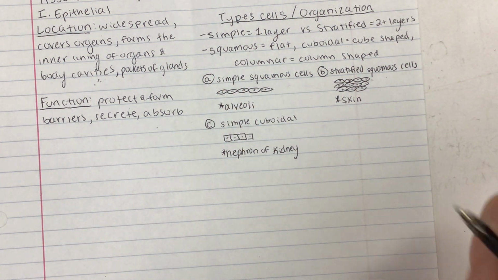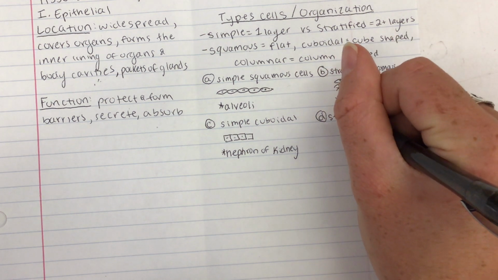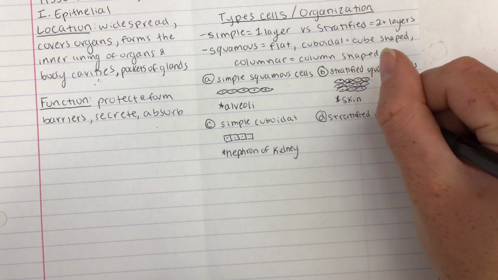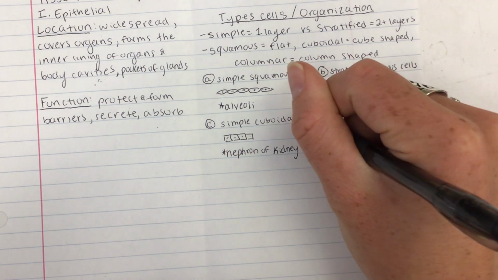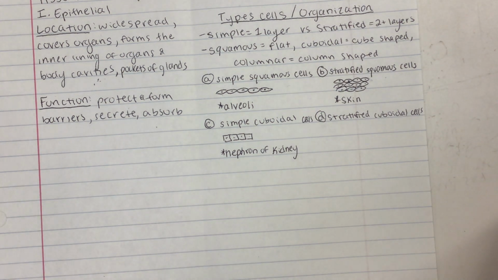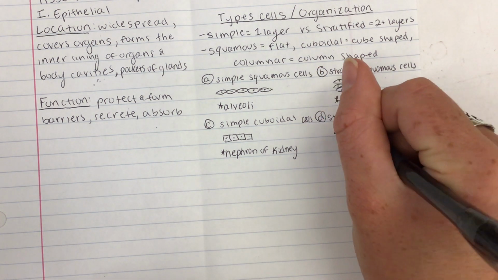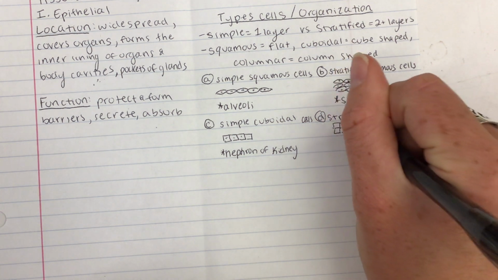And then from there we will look at, surprise, surprise, stratified cuboidal cells. Okay, so for stratified cuboidal, we can do maybe 2 layers of these to show they're stratified.